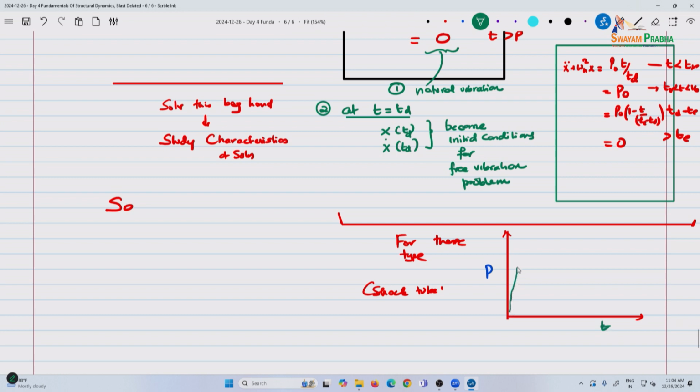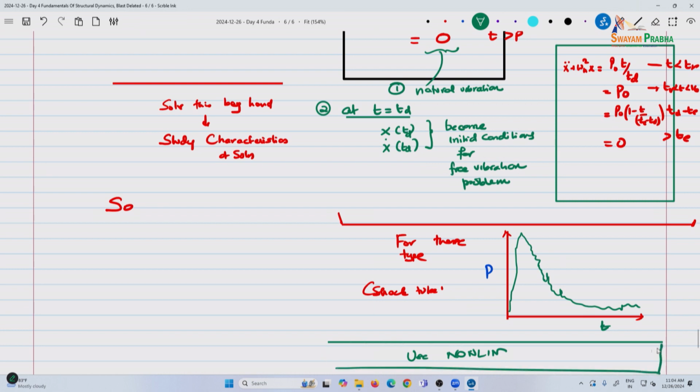It looked, whatever it is, right? It's got all kinds of variations, and you saw others, right? So it can be very arbitrary. For these also, we will use a program called nonlinear for solutions.